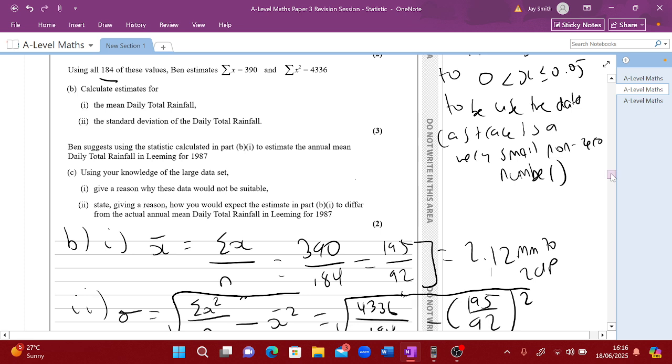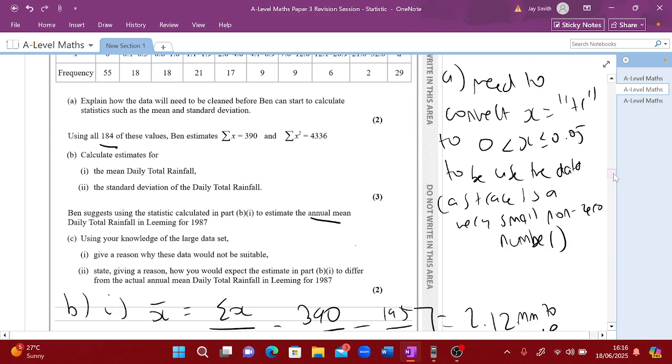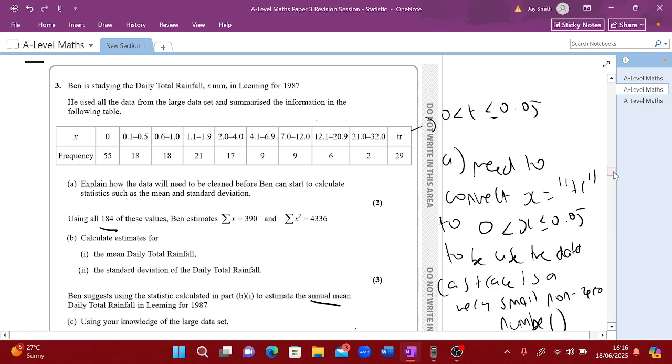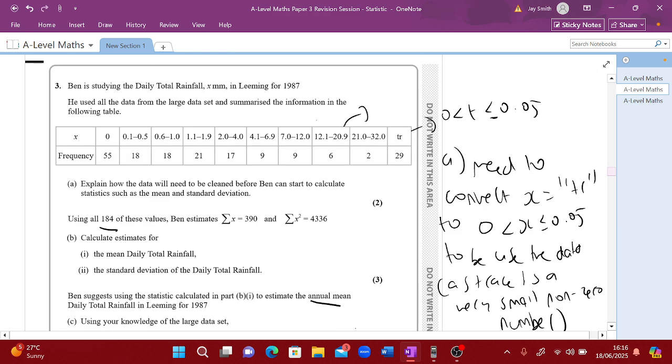Anyway, that's it. Ben suggests using the statistic calculated in Part BI to estimate the annual mean daily rainfall, and that's going to be key for Leuchars. Now, so this was also for Leuchars in the same year, but we only picked 184 days. Now, which days did they pick for this? Well, actually, you should remember it's between May and October. And that's something you need to learn.